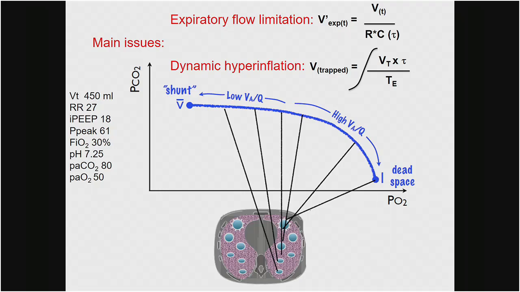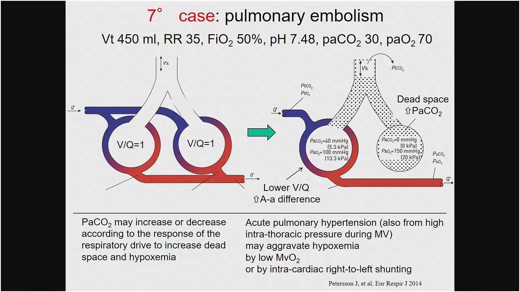I cannot address that in a few seconds here, but we need to make sure that we try to increase the expiratory time as much as possible. So the expiratory flow, which is impaired in these cases, will have enough time to decrease the volume of air that is trapped in the lung. Next slide. Almost at the end.